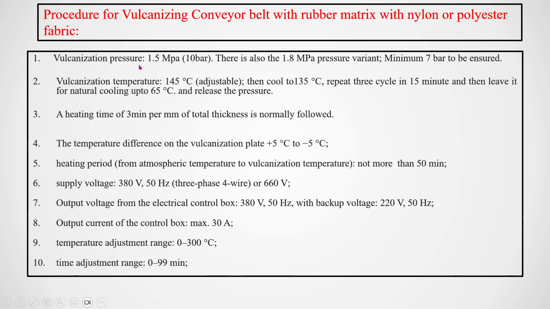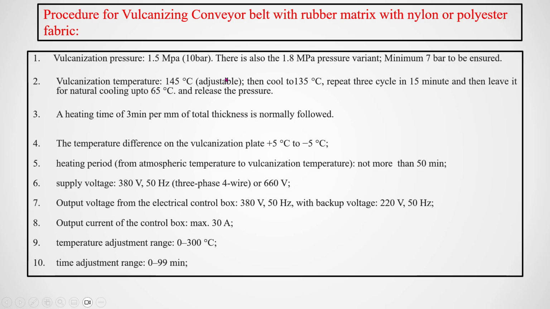That vulcanizing pressure should be 1.5 to 10 bar. There is also a 1.5 megapascal variant, but only a variation of 1.8 megapascal is allowed. A minimum of 7 bar must be ensured.